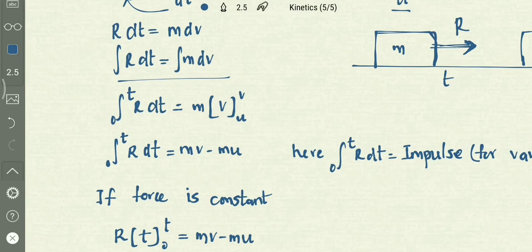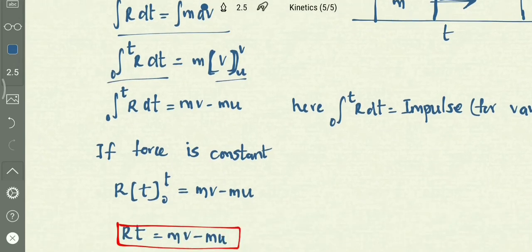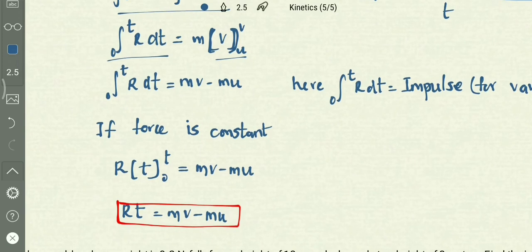So the force is applied from 0 to t seconds and velocity changes from u to v. These are the limits for force and velocity: LHS is 0 to t and the limits for RHS is u to v. This is for variable force.